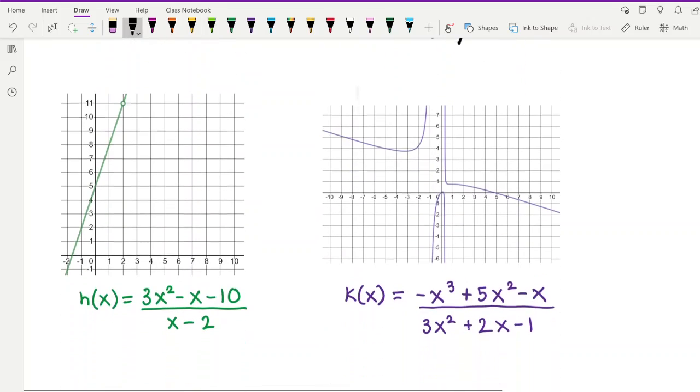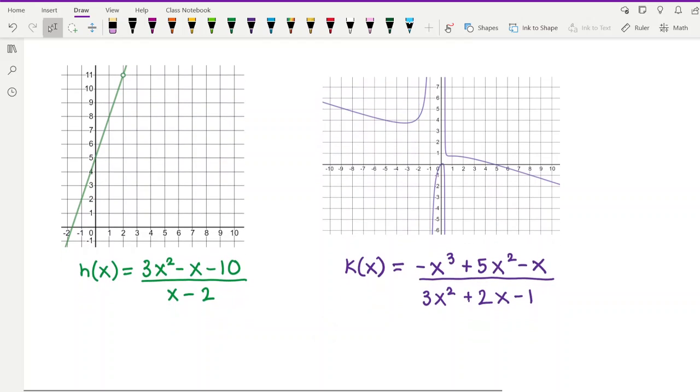Okay, so not every rational function has a horizontal asymptote. I have two examples that don't. This first one on the left, we actually saw in our last video. Even though the function looks complicated, the graph just looks like a line with a hole in it, right? That comes from it being a rational function. That tells us it's not just a line, it has something a little extra going on. But this has no horizontal asymptote, right?